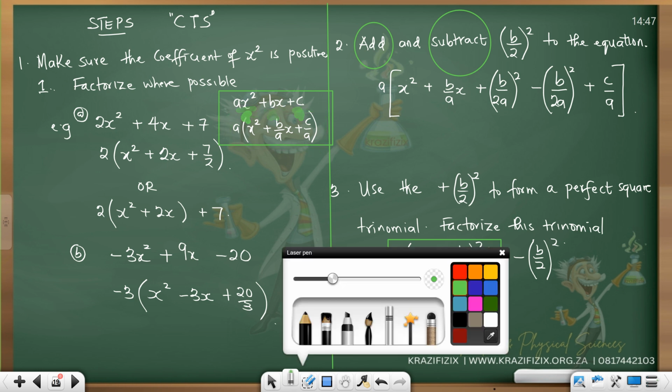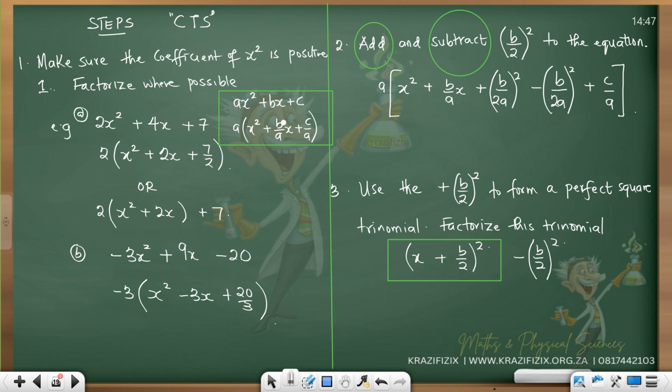So this is the coefficient of x. That's why we said b over 2 squared. But this time around, you notice the coefficient of x is b over a here. That's why you're seeing b over a divided by 2. We add it, we subtract it, but there was a c over a.